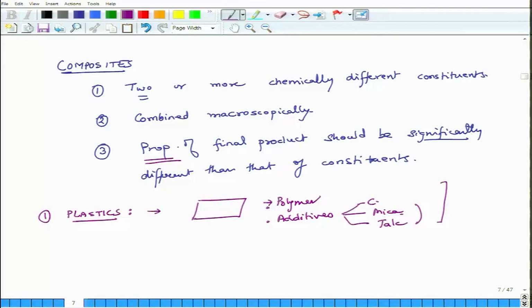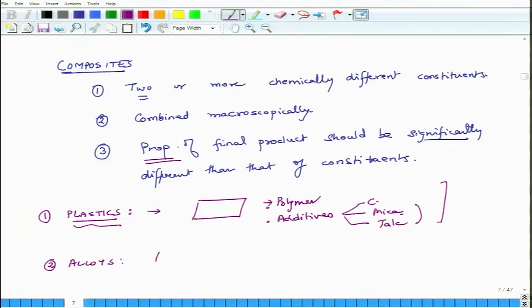So, for that reason, a lot of these plastics, even though they are mixtures of two different chemical constituents, they are combined macroscopically, because they do not meet the third condition, they are not composites.